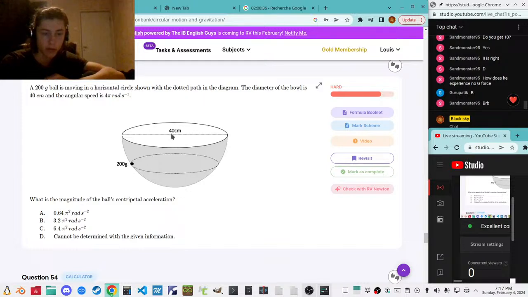So the diameter is 40. Put this towards the center. So do we need trig? No, we can't use trig. I mean, we could theoretically, but we need the depth. You have its angular speed, so you basically just need r.